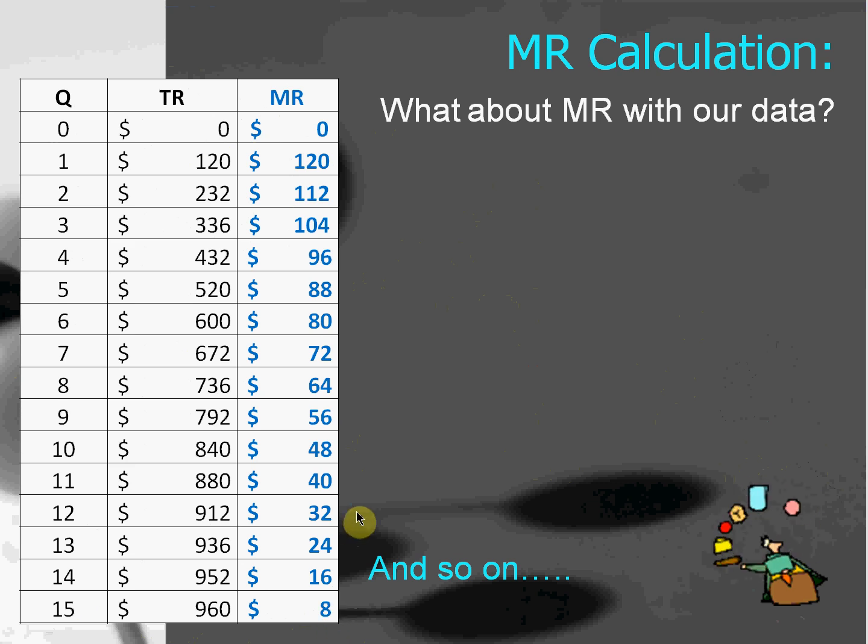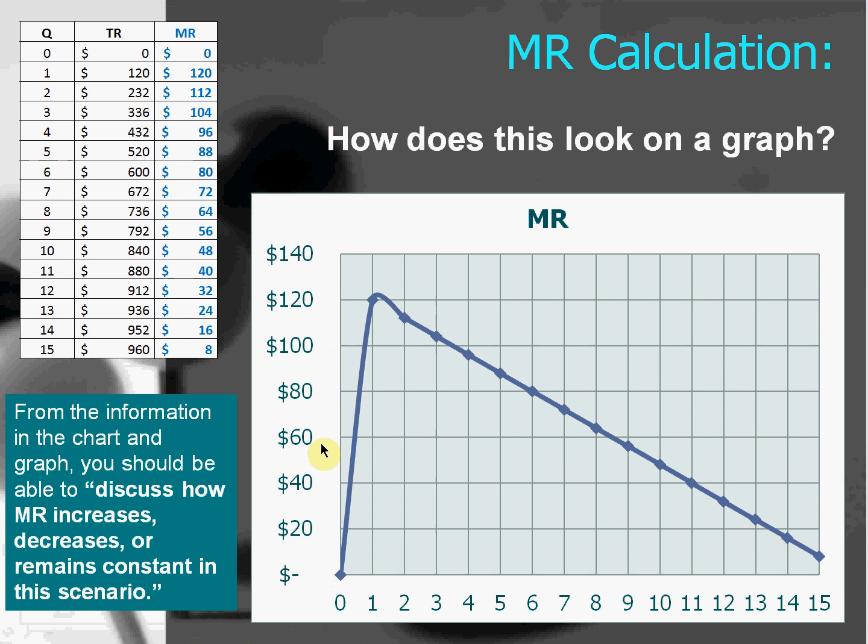Remember that in the perfect competition world, marginal revenue stayed constant at 131 in our example. Here, marginal revenue is decreasing. This is indicative of a monopolistically competitive market. How does this look on a graph?